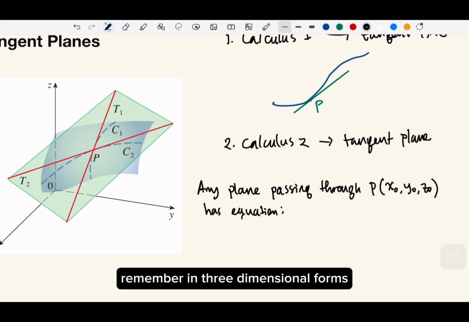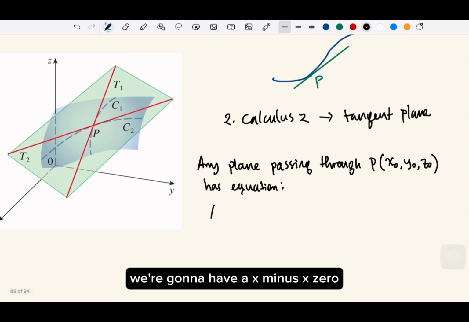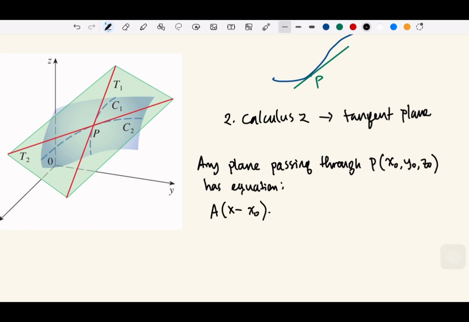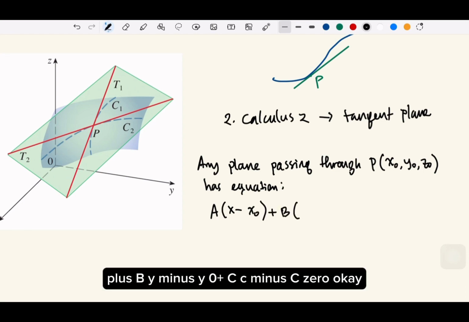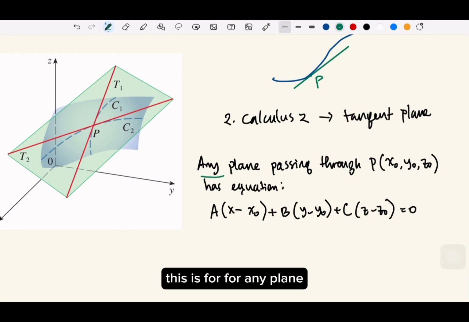Remember, in three-dimensional form, we can have A(x - x0) + B(y - y0) + C(z - z0). Okay, this is for any plane.